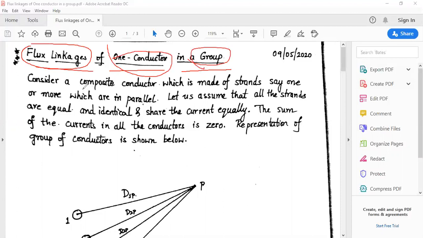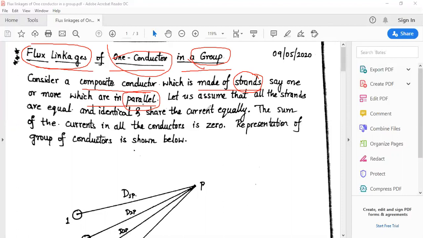So in a group of conductors, I'll be considering a composite conductor which is made up of strands. I call these the stranded conductors, where you have many such conductors stranded, and most of the strands are said to be in parallel.